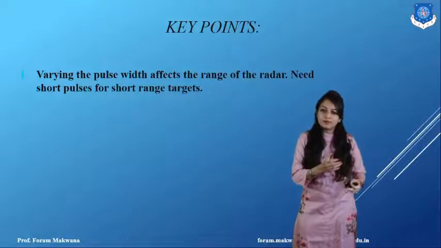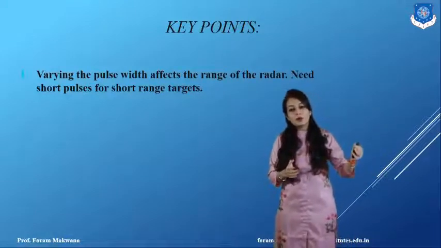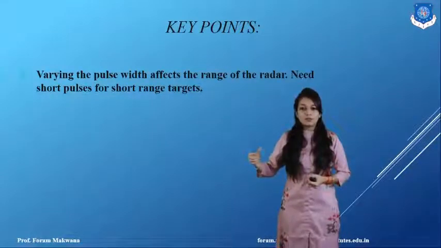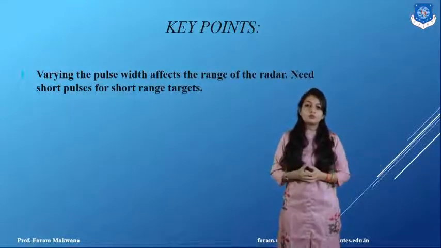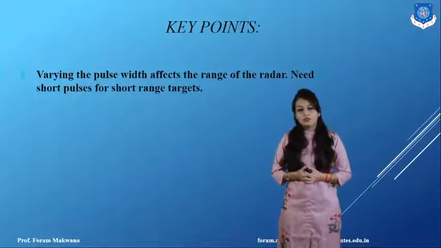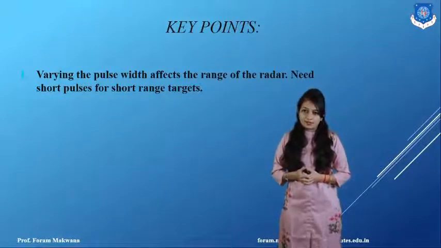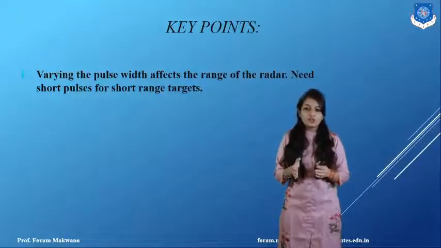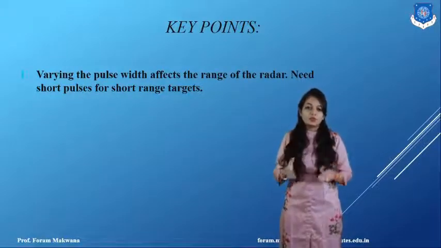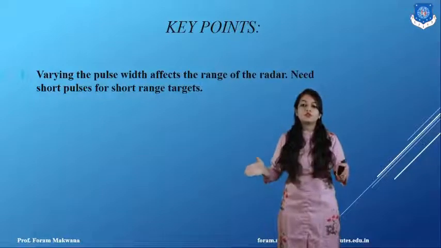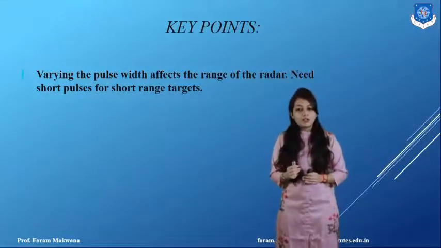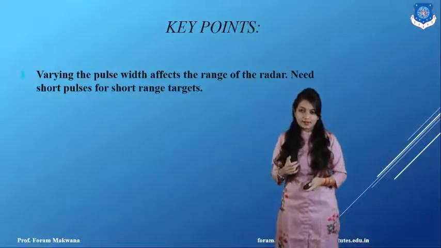And we know that the transmitted power is directly proportional to the radar range. So by varying the pulse width, we are able to change the range of the radar. If we need to shorten the range of radar, we simply shorten the pulse. That will decrease the radar target range.